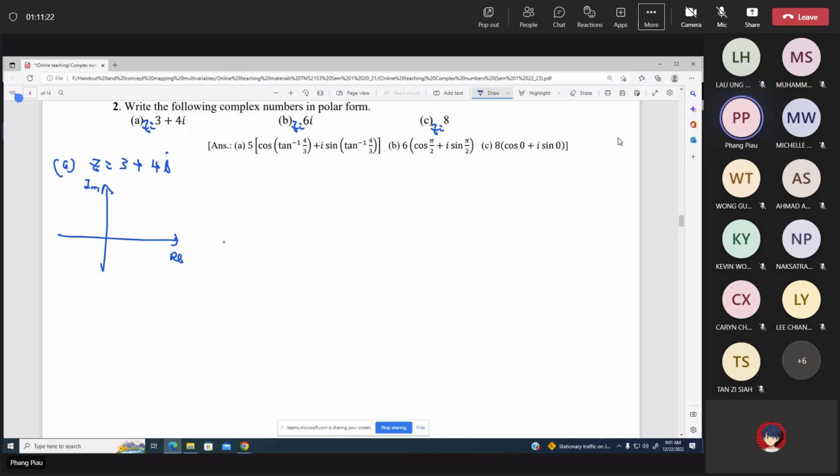So you have your 3 and 4. So 3 and 4 here, this is your Z. You need to find your R and also your theta. Okay, straightforward, your R can be square root of 3 power 2 plus 4 power 2. And you know it is 25, so it is 5.